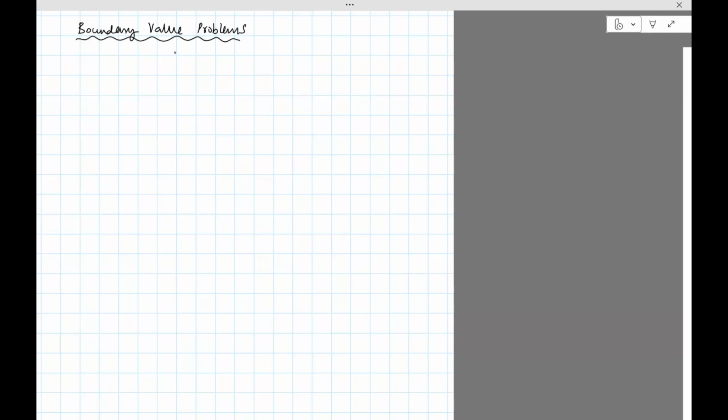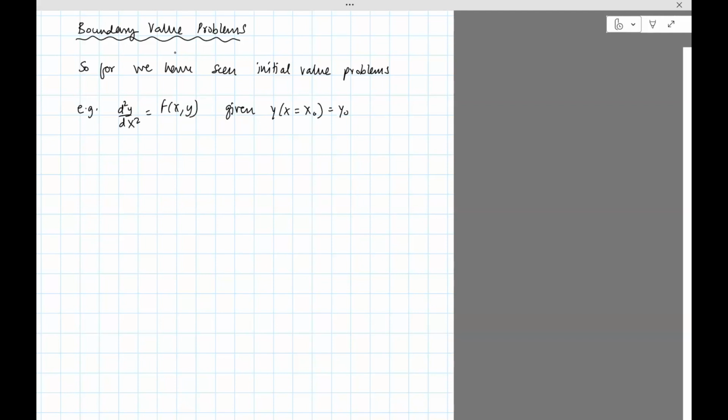Okay, so far in the course, we've looked at initial value problems. An example would be d squared y by dx squared is f of x comma y, given y at x0 is y0.